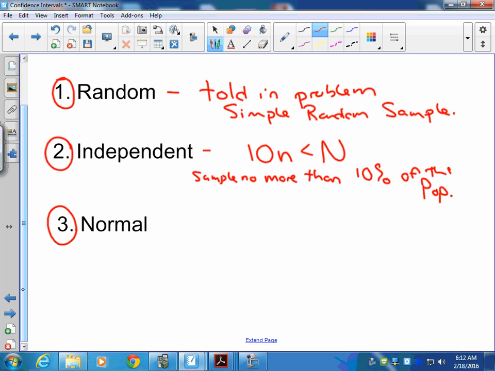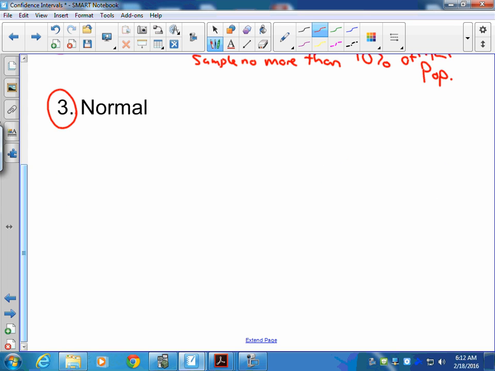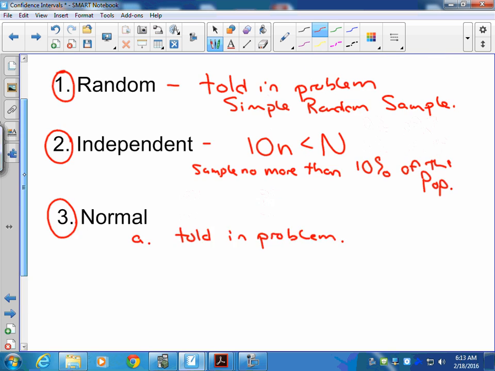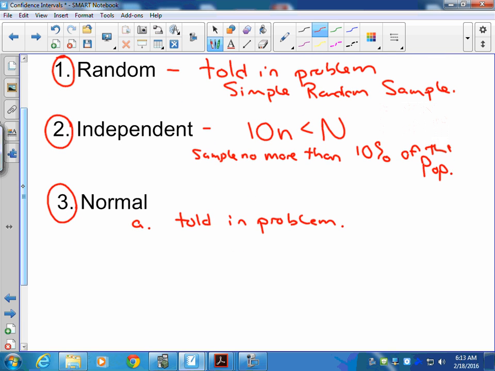Normal distribution. There are three ways to know whether we're dealing with a normally distributed sampling distribution. First method is you're told in the problem. And just like with the simple random sample or random sample, you would just copy that sentence: normally distributed blank, stated in problem.